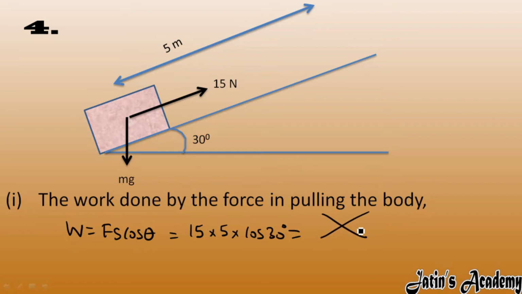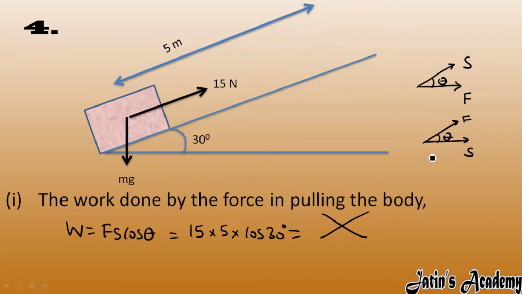Why? Carefully see. F s cos theta will only apply when there is an angle between force and displacement, like this. In this case only cos theta will apply, otherwise you can't apply cos theta.